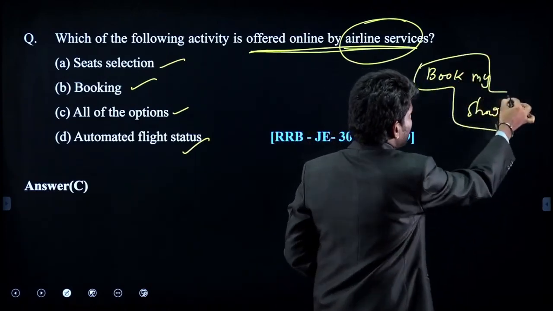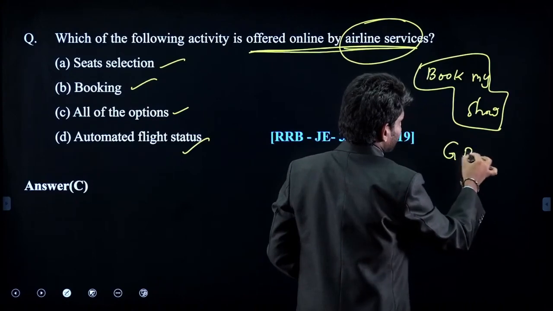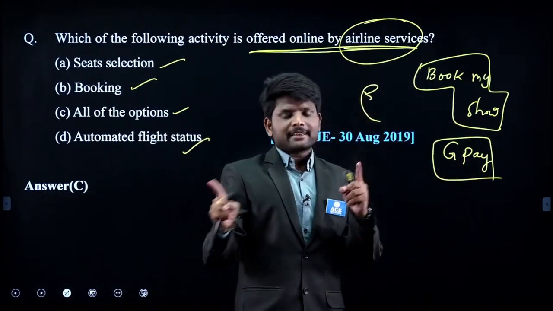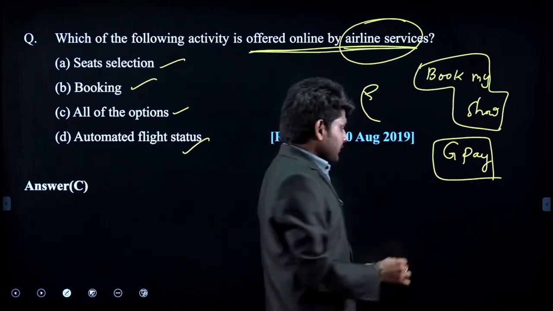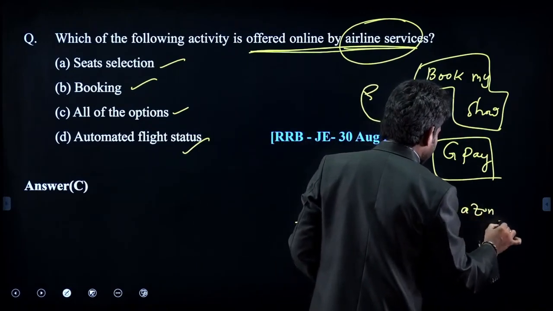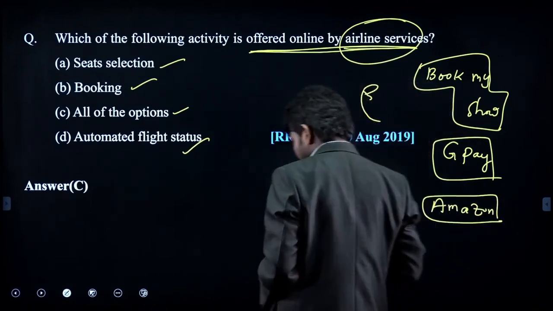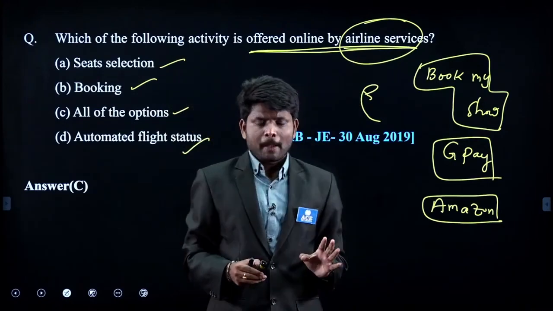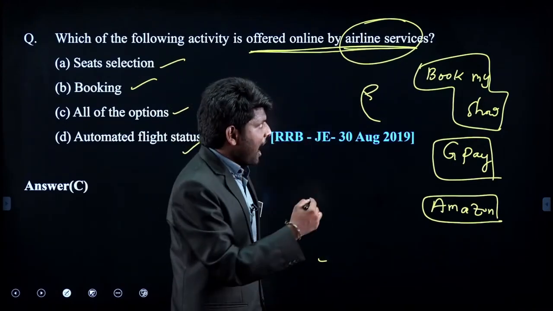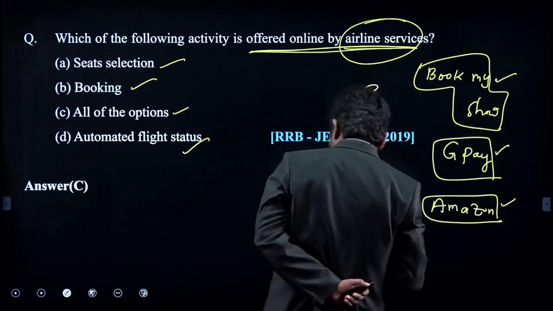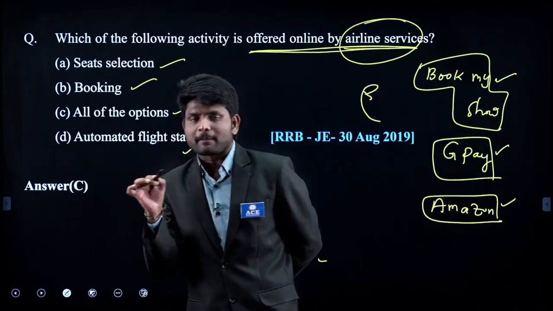Or Google Pay, GPay, PhonePe kind of applications where you can transact money. Or they may ask about purchase websites like Amazon, Flipkart. What I'm trying to make you understand is that this year they have asked questions from Airline Services, but next year they may ask questions from other information system applications. Try to explore all the information system applications.